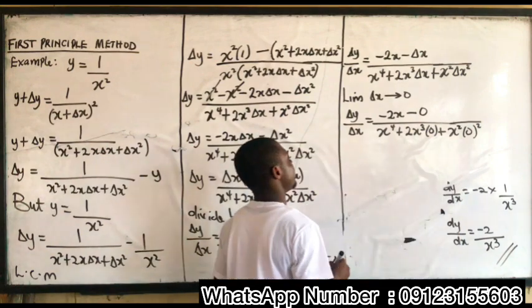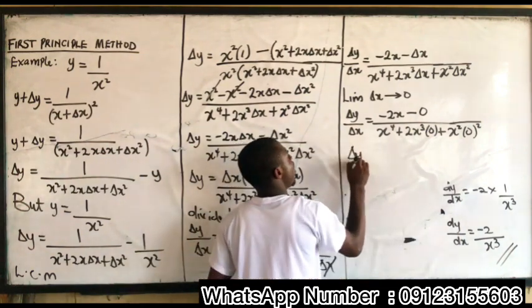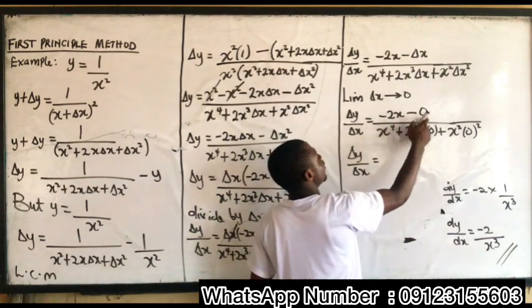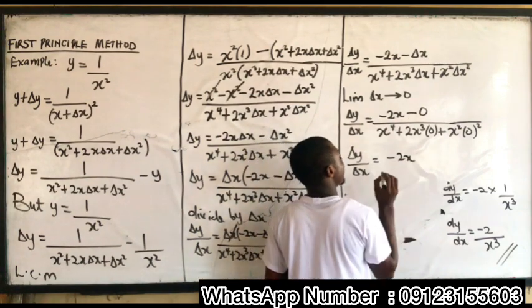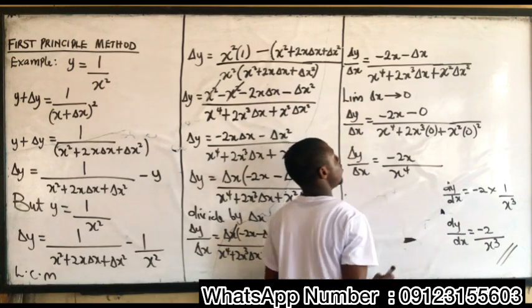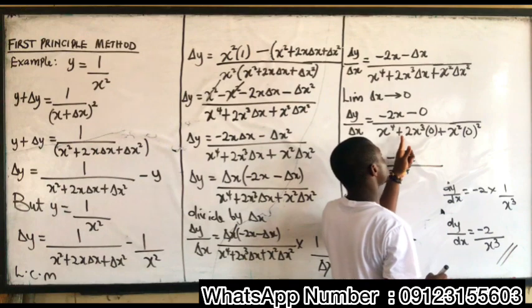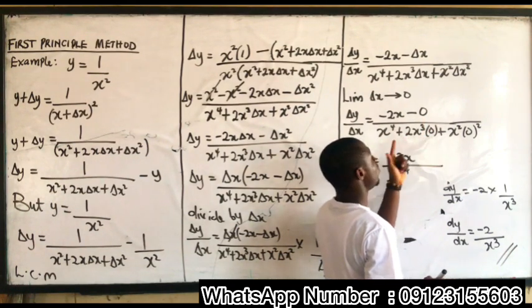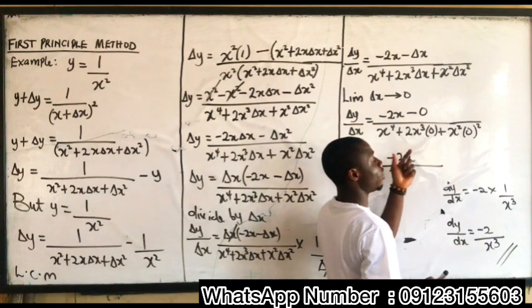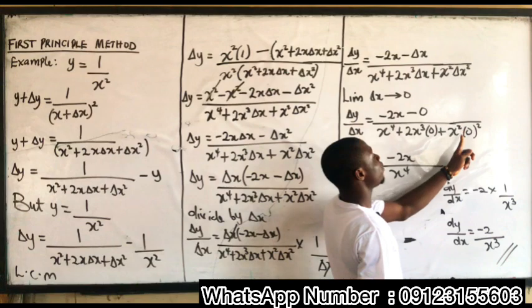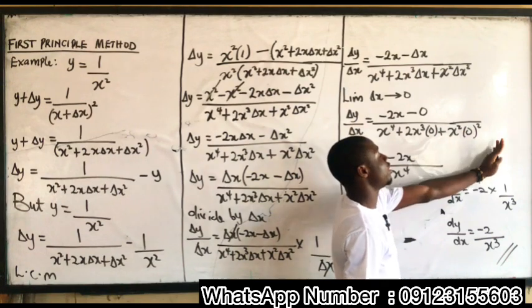So if I apply mathematics, I will have change in y over change in x equal to minus 2x minus 0, which is minus 2x, over x to the power 4 plus 2x cubed into 0, which is 0, plus x squared divided by 0 squared, which is still 0.